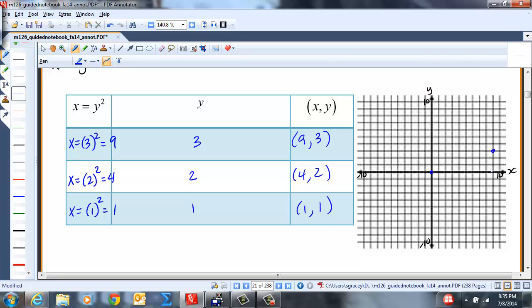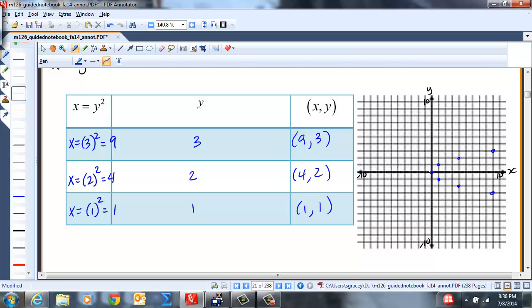So we'll have another ordered pair at 9, and then 1, 2, negative 3. 4, 2, 1, 2, 3, 4, 2. So where's my other ordered pair going to be? Good, at 4, negative 2. You see that symmetry on the x-axis? And then 1, 1 will yield 1, negative 1.